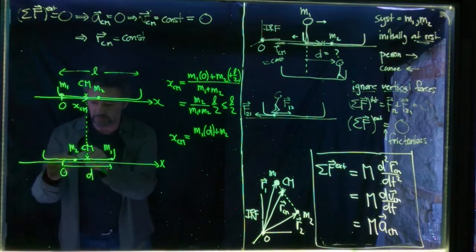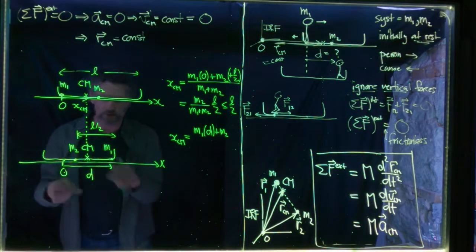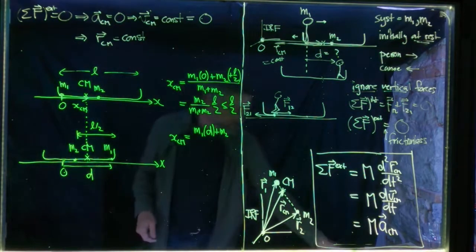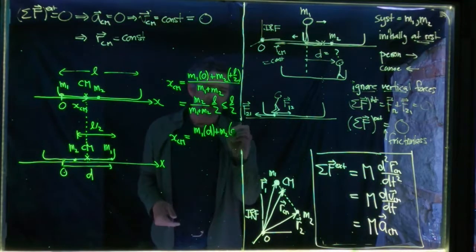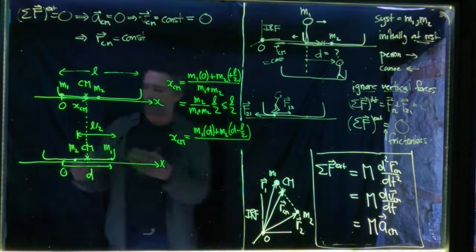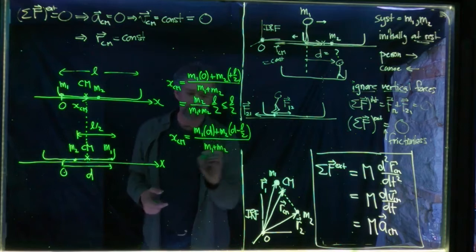So that's that little vector there. We know that the distance from here to here is L over 2, and the distance from there to there is equal to d. So the distance from there to there is going to be d minus L over 2. Then we divide by the total mass again, m1 plus m2.